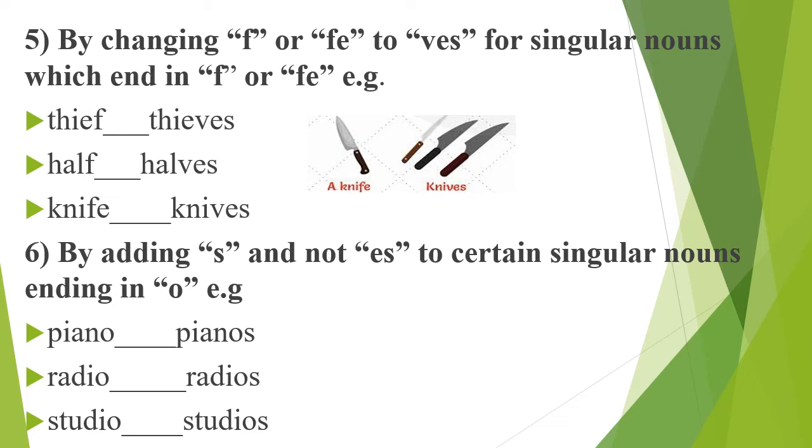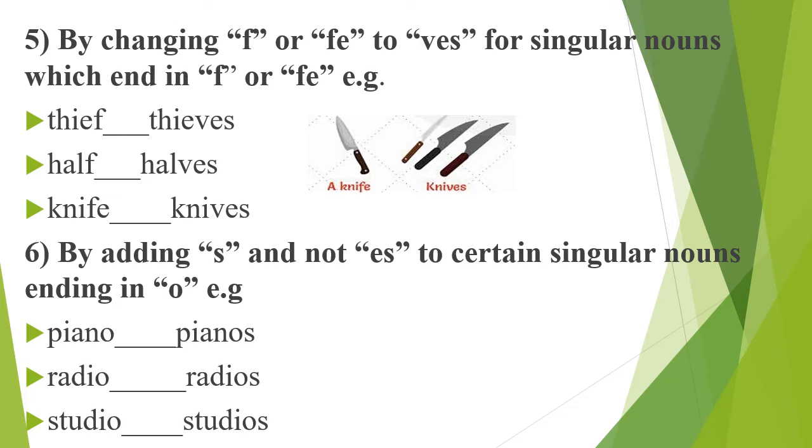Next is by adding S to some certain singular nouns that end in O. Mostly we add ES to singular nouns that end in O, as we have discussed in rule number 2. We have discussed that the words that end in O, when we make their plural, we add ES.